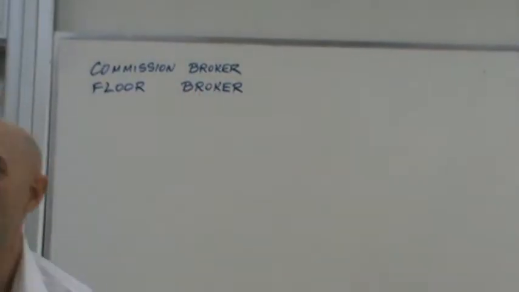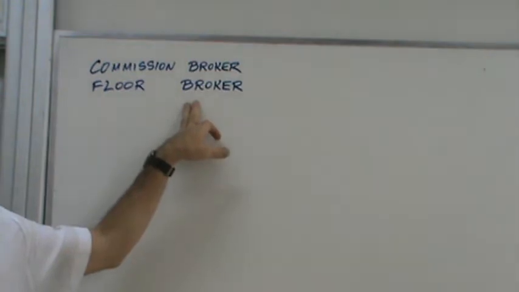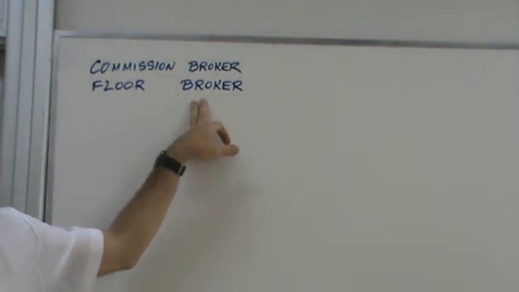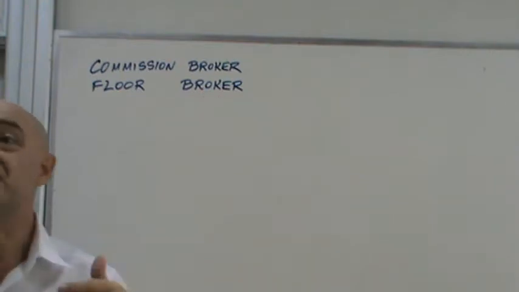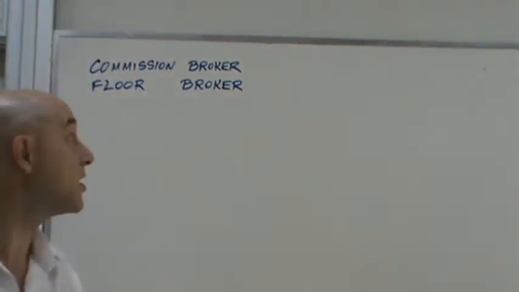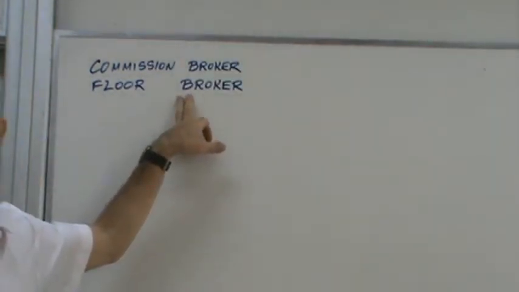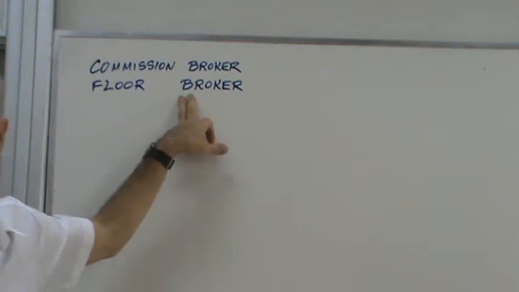Alright, so a broker is a market participant that executes trades for others. He doesn't buy for himself, he's only an intermediary. Floor broker is usually a member of the exchange. He is part of the exchange.